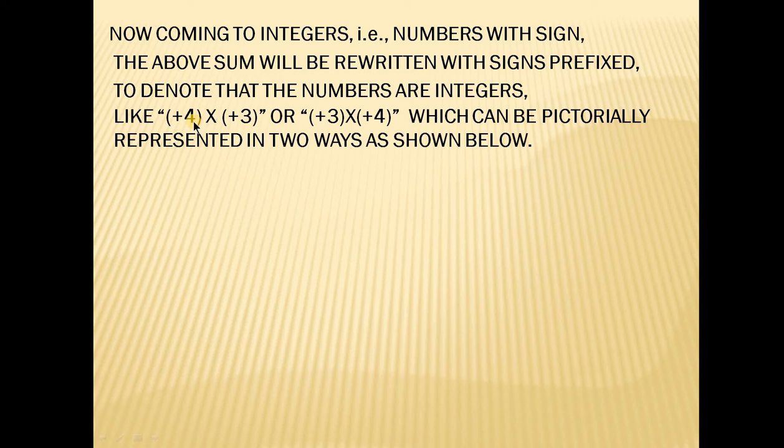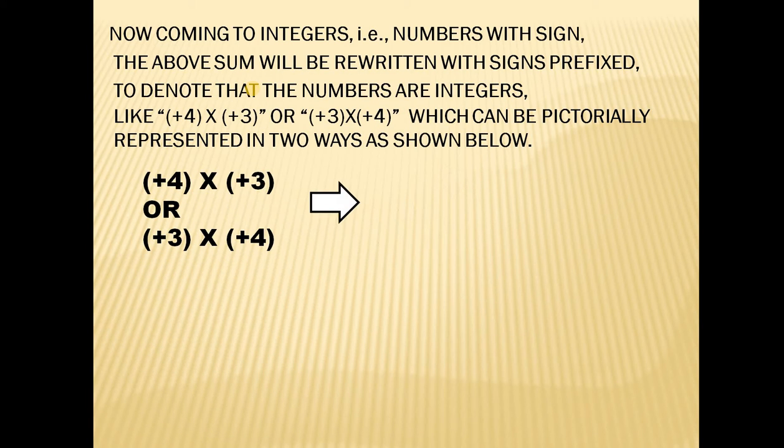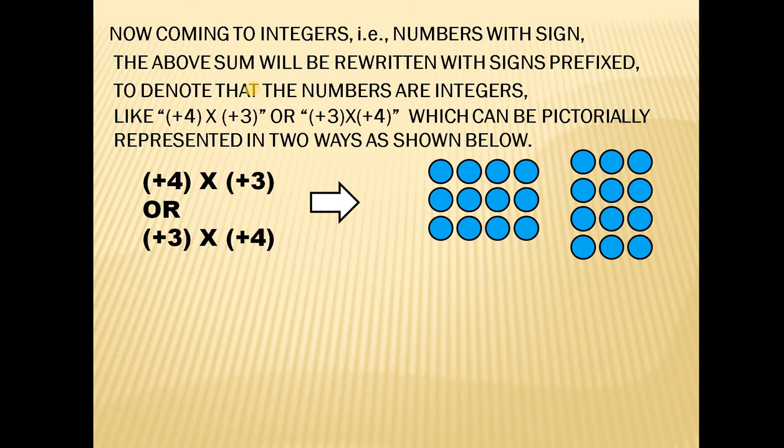Positive 4 represents 4 blue balls. Please recall, positive blue balls denote water, and negative means red balls denoting fire. So this can now be written like this, either this or this, with blue balls.